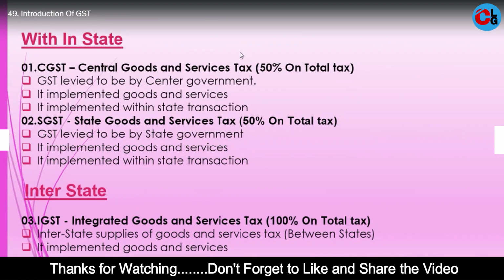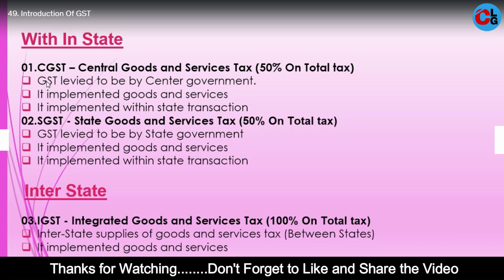If it is a within-state transaction, CGST and SGST will be implemented. CGST means Central Goods and Services Tax; it is 50% of the total tax. At the same time, SGST means State Goods and Services Tax; it is also 50% of the total tax.